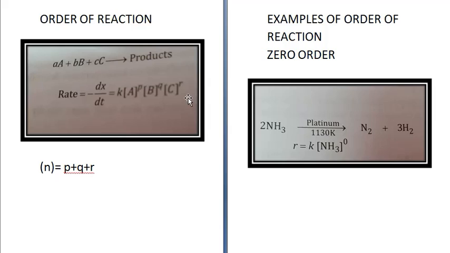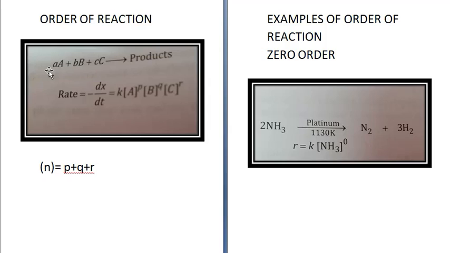So order of reaction becomes n is equal to p plus q plus r. And if you look at the order of reaction with respect to an individual reactant, the order with respect to A will be p, with respect to B it will be q, and with respect to C it will be r.